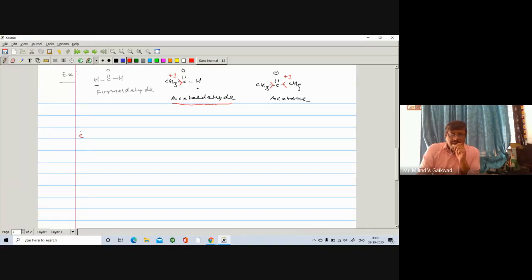Suppose in acetaldehyde you replace all the hydrogens of CH3 by halogen, then you are having such a type of compound. Here is a Cl, here is a Cl, here is a Cl. In acetaldehyde, we have replaced all the hydrogens by chlorine, and this compound is called, in general, chloral. Aldehyde, chloral.